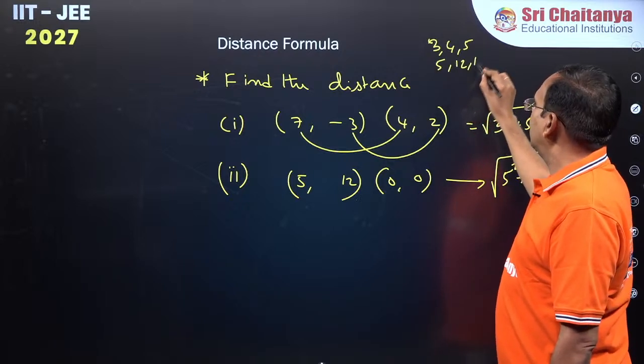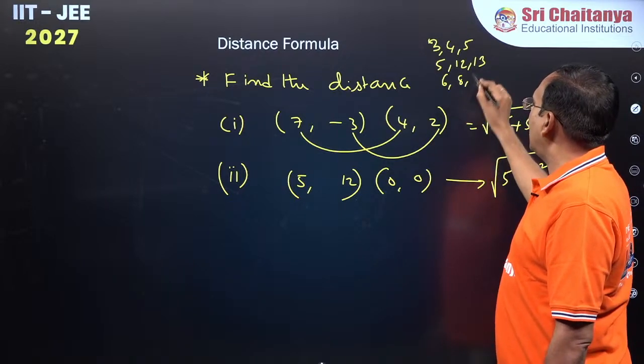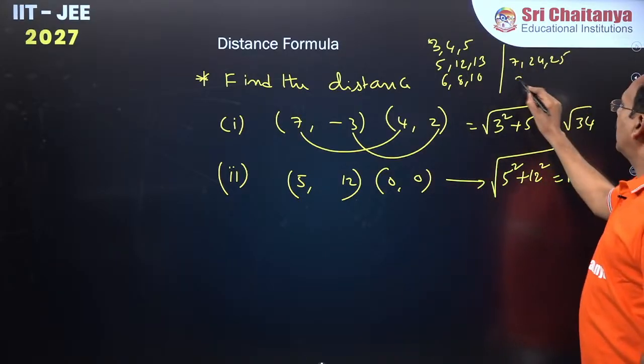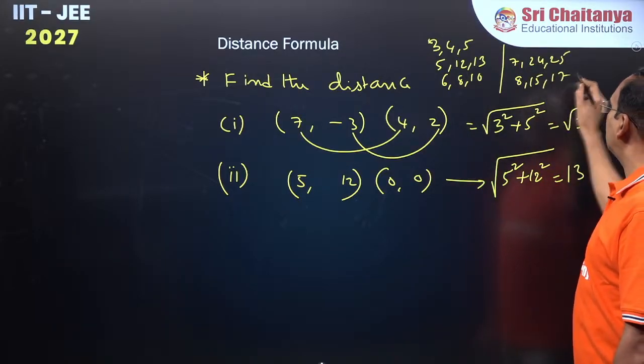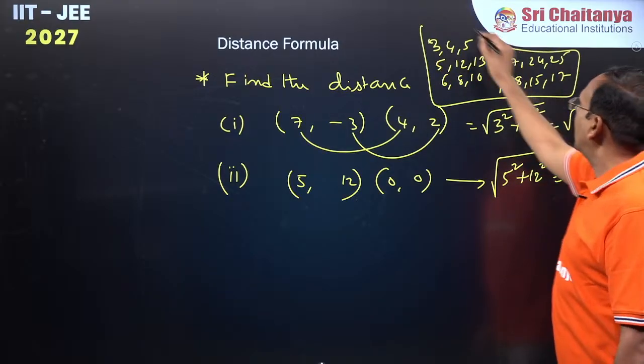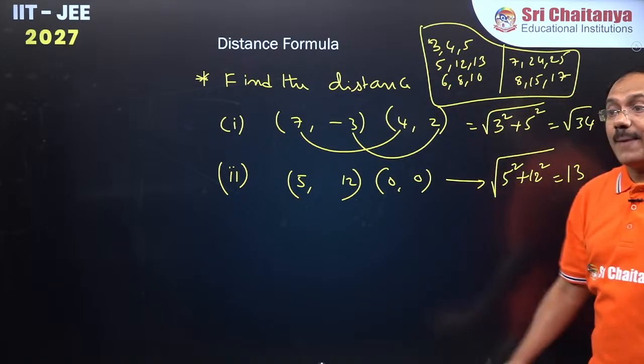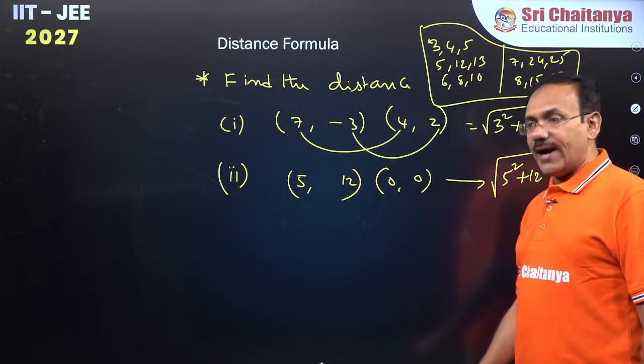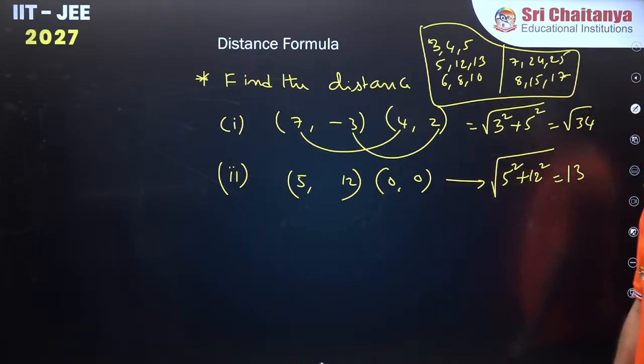Others are 5, 12, 13; 6, 8, 10; 7, 24, 25; 8, 15, 17. Try to remember these, they are helpful in many calculations, even in trigonometry. Please make a note. Got it, everyone?